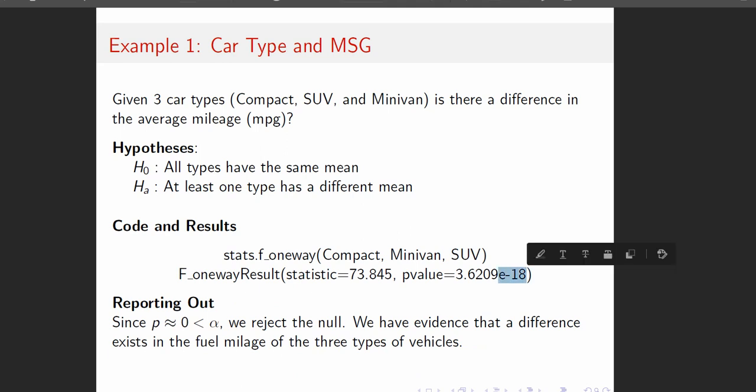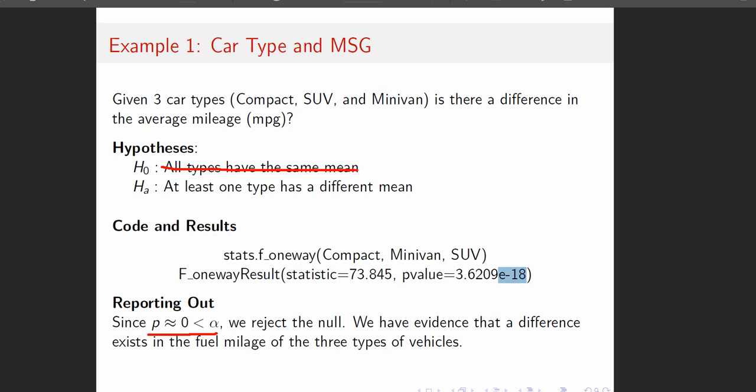So the scientific notation at the end, the e-18, means that we've switched to scientific notation, which means this p-value is very, very, very close to 0. And since p is less than alpha, less than 0.05, we reject the null. What's the null? The null is that, hey, all the means are the same. And we can reject that.